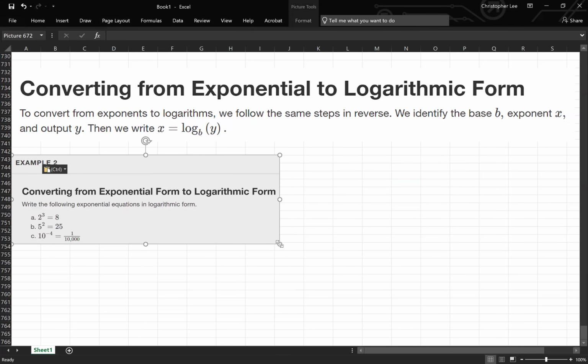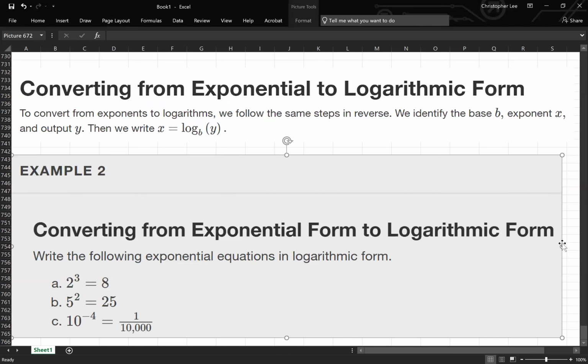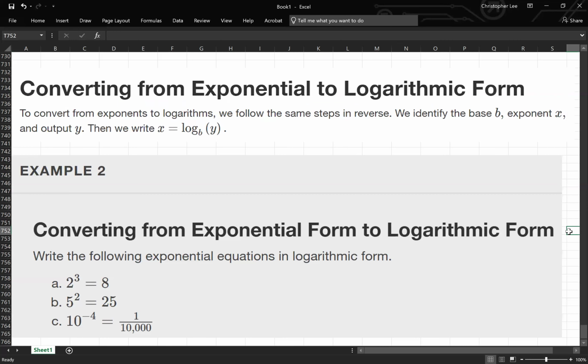You guys try. I want these turned into logarithms. So I want log of base whatever equals whatever.